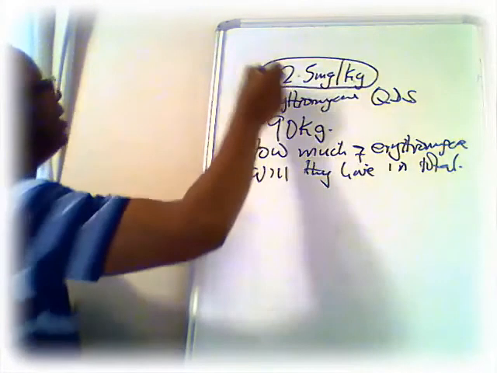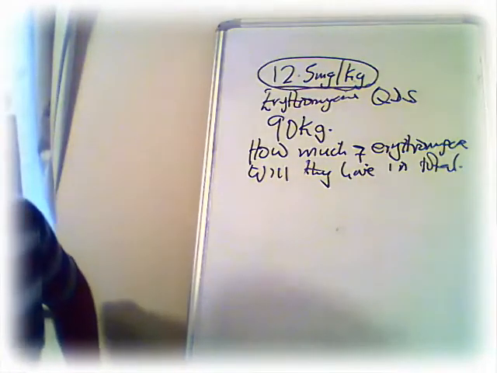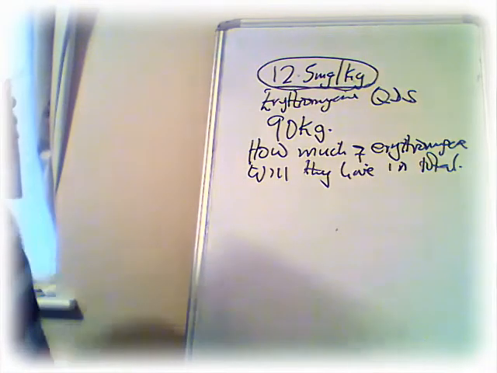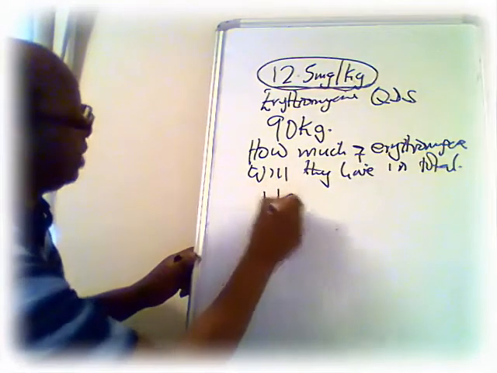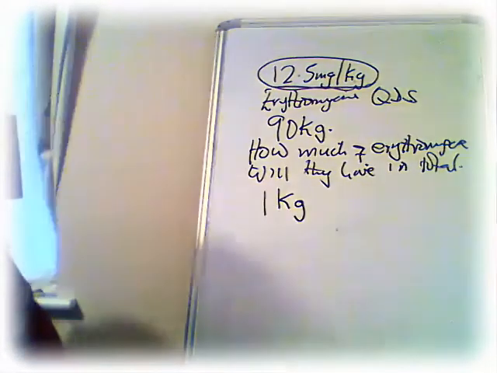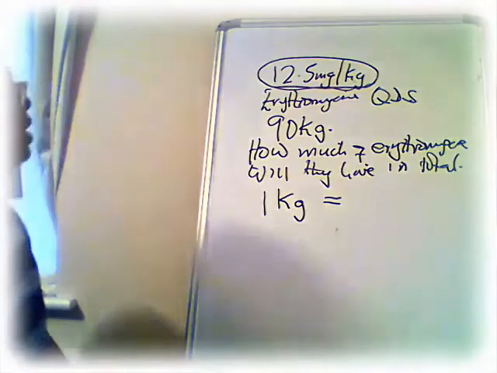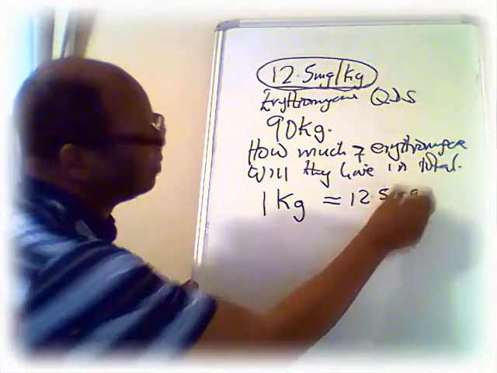All right. So change this into an equation that you were used to doing when you were doing your maths in GCSE. Okay, so per kilogram. So if this patient was 1 kilogram, what he would get is 12.5 milligrams.